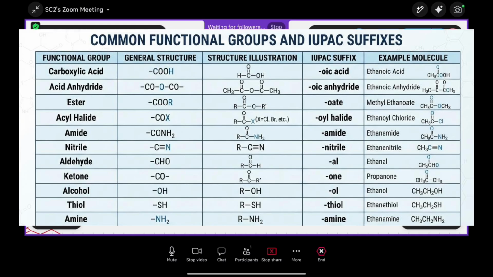Now, how to write the IUPAC nomenclature of such compounds? My first video is regarding compounds having one functional group. My next video will be regarding compounds having more than one functional group. I will be giving you some examples and solving them for you.